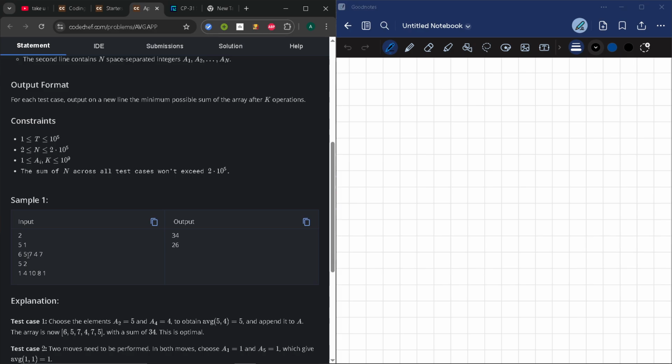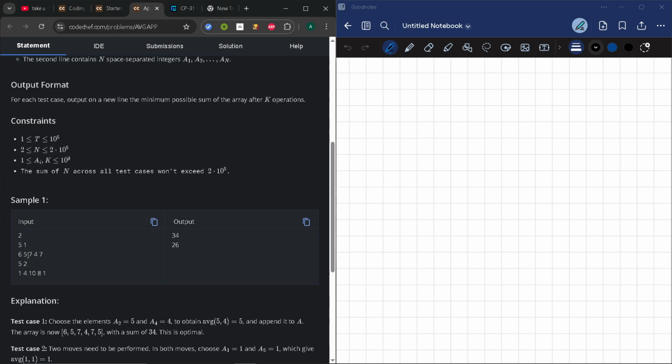We have here 6 5 7 4 7. Then what will happen is, if we take the average of 5 comma 4, it is 5, and I would append it to A. Now if we take the average of 5 comma 5, it will be 5.